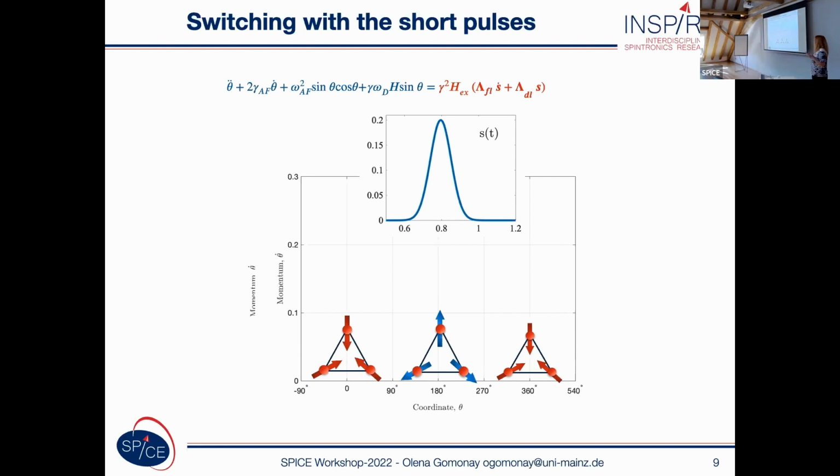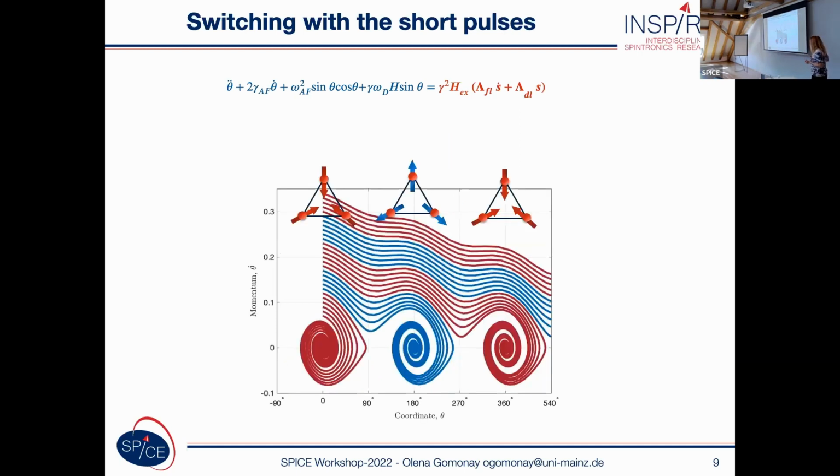So what we found, first, the dynamics of the system is shown here. This is a phase diagram of the material in the absence of any field and current. And then the short current pulses kick the system from the equilibrium state to some point in the phase diagram.